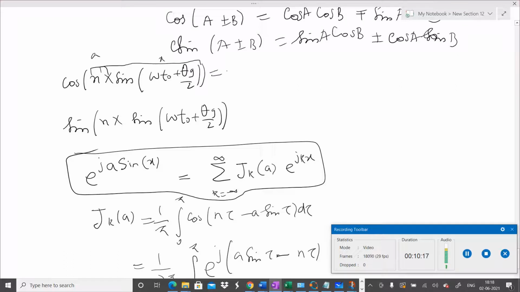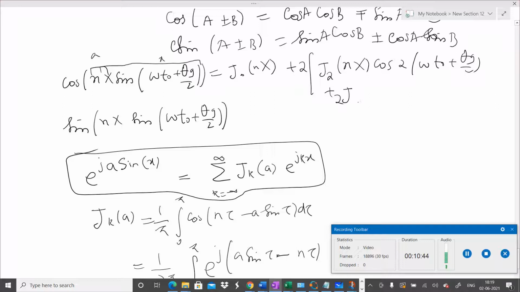We can write this cos as the first term J_0 of nx, plus 2 times the other terms: J_2 of nx times cos 2 times omega t naught plus theta g by 2, plus 2 times J_4 of nx cos 4 of omega t naught plus theta g by 2, then 2 times J_6 of nx cos 6, and so on and so forth.